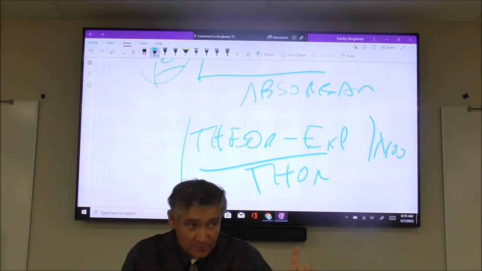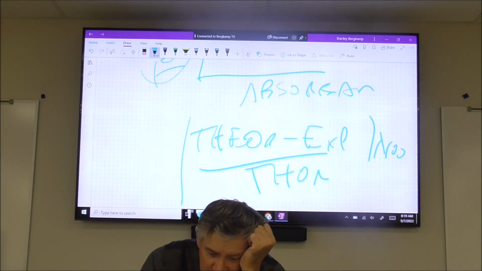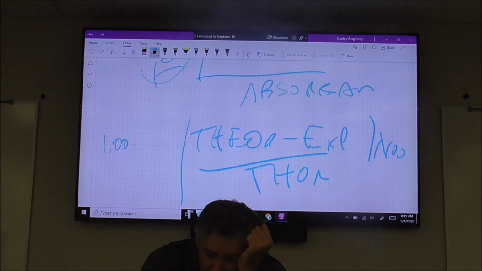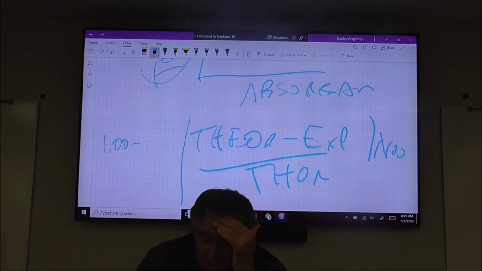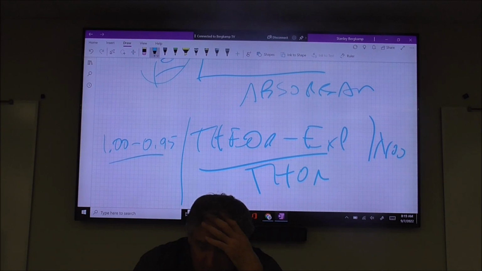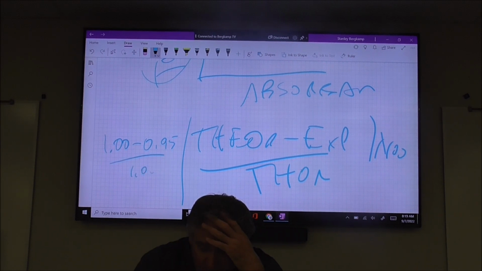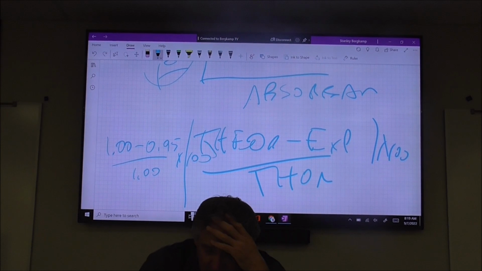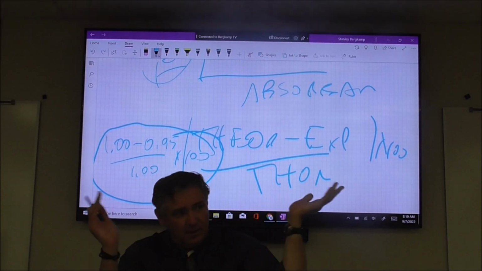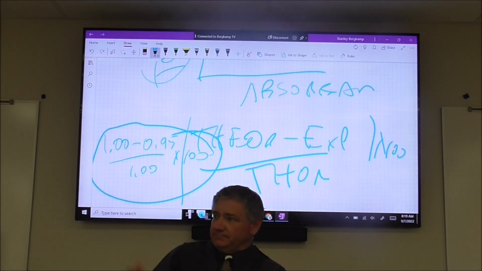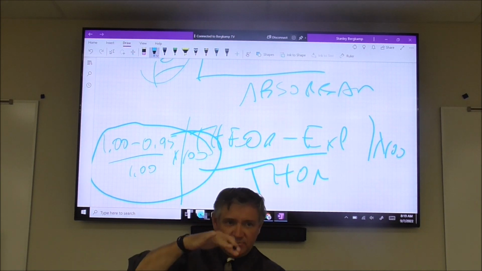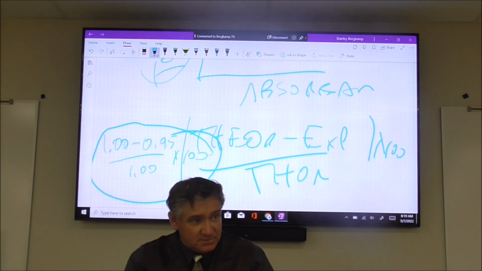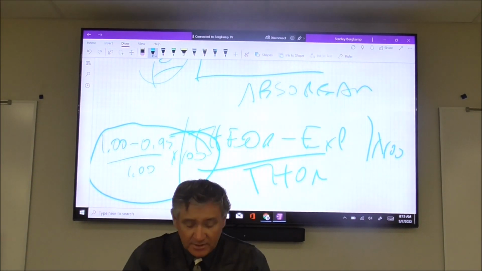Okay, that's what you theoretically should get. So on that first one, you're going to take 1.00. Let's say you put it in the machine and you get 0.95. So you're going to take 1 minus 0.95 divided by 1 times 100. You're going to have a 5% error. Okay? So it's theoretical, and these are absolute values. Keep in mind this is an absolute value.